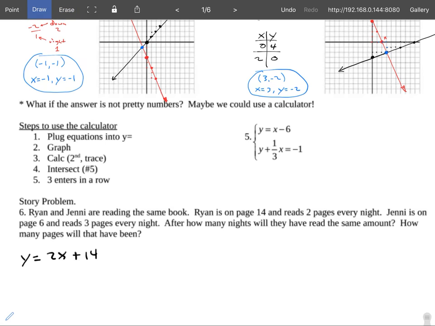Okay, so in this equation, x represents the number of nights. So this is the number of nights. And then the y would be the total pages that have been read.